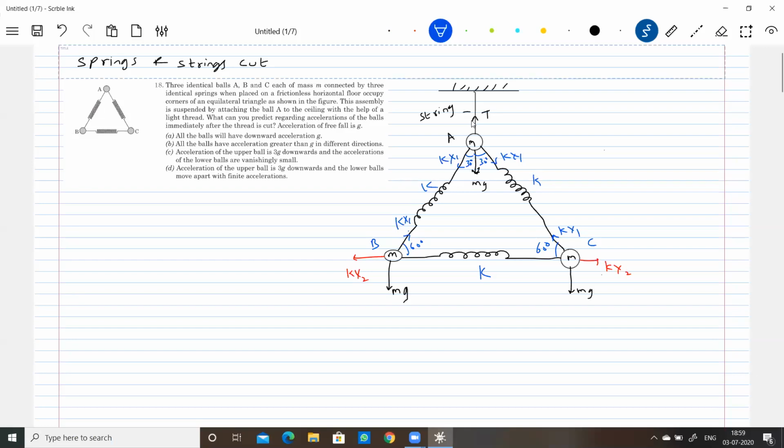Look at the ball B and C. Kx1 sin 60 degree, sin 60 will be root 3 by 2, equal to mg. So keep the value kx1 equal to 2 mg by root 3. Later it may help us.